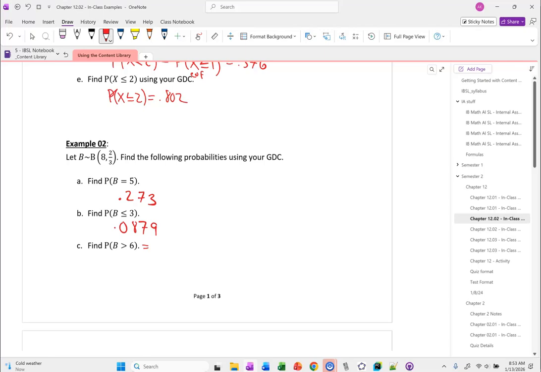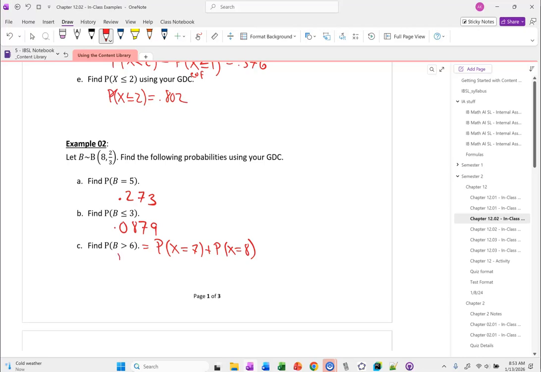We have 8 trials. What are the outcomes that are greater than 6? 7 successes or 8 successes, right? So you could do it this way. That's fine.